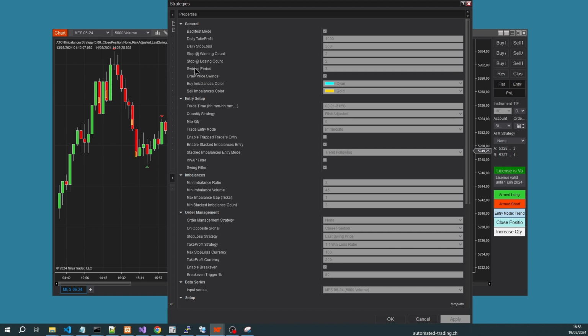So the more you increase this period, the fewer swings you will find, and the more you decrease this period, the more swings you'll find. I personally use a value of 3, 4 or 5 on this time frame. Maybe on other time frames you need to use other values. It's up to you to backtest and see what suits your strategy.